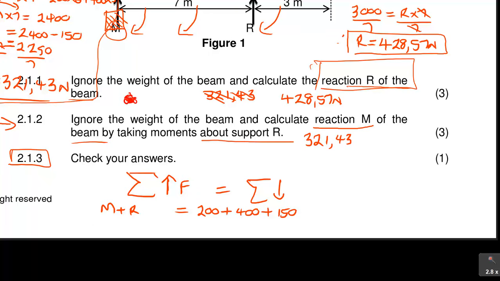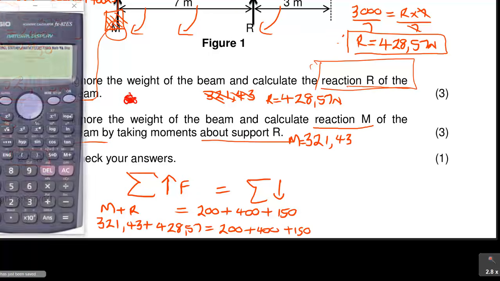In this case, this is my M, this is my R. So M is 321.43 plus my R is 428.57 is equal to the 200 plus the 400 plus the 150.